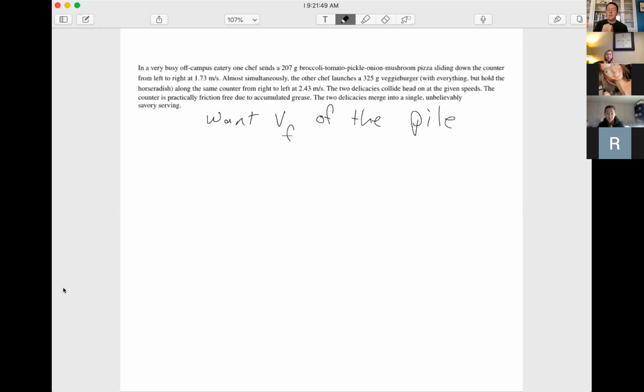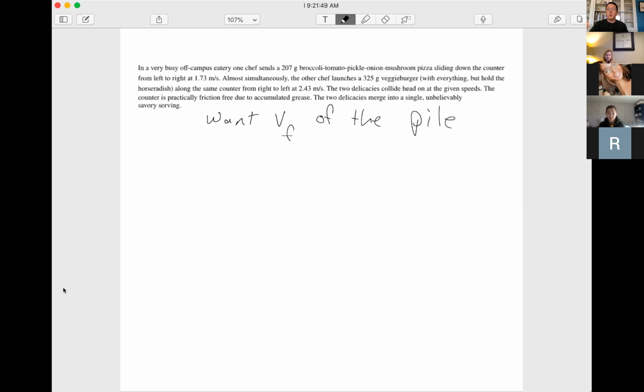The particles react against each other, and I don't know anything about that. And so that means I want to hide that problem by putting that inside the system. Make the things you don't know irrelevant. So if I make the system be both pieces of food together, then that force between them just doesn't matter.